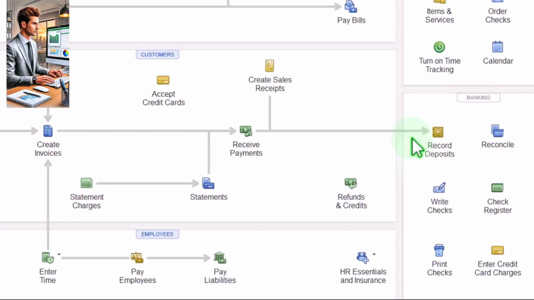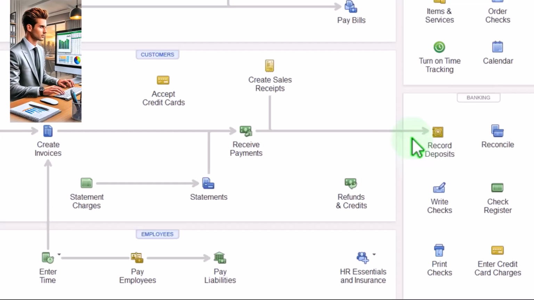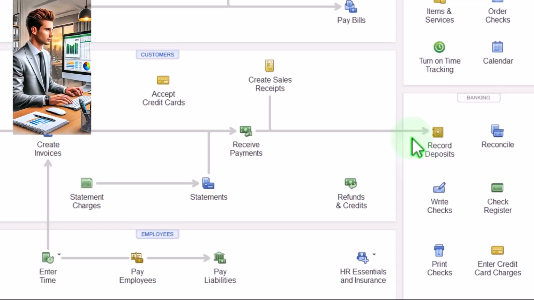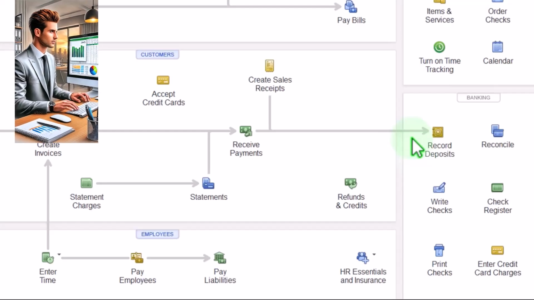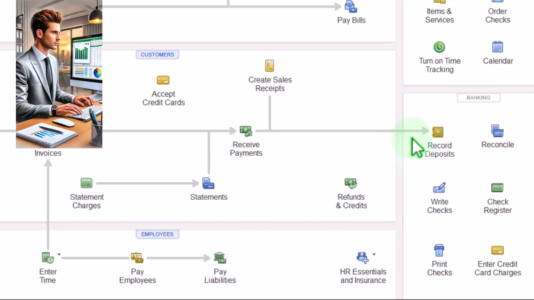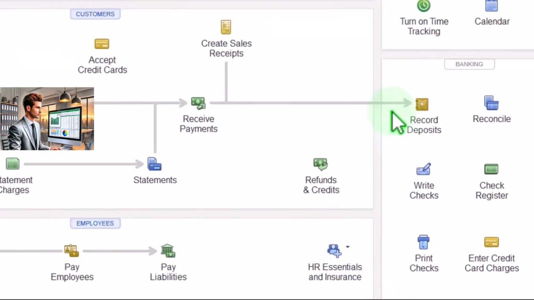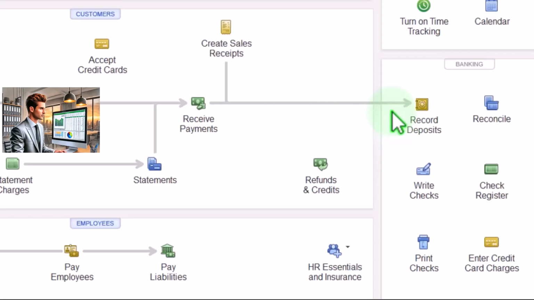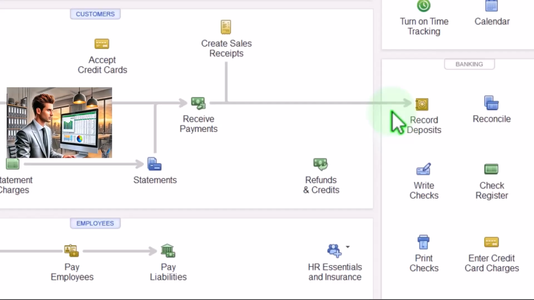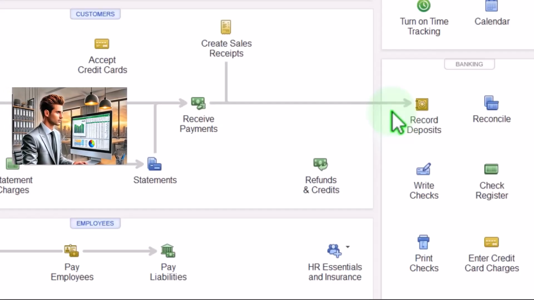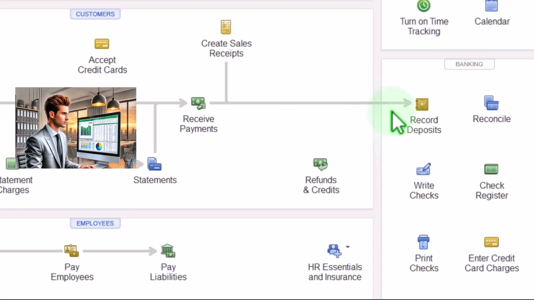So I should record the revenue at that point in time on an accrual basis because it's when I did the work, and on a cash-based system because it's when I received the cash. So it's going to be recording revenue at the same point, whether you call it an accrual or cash-based system, because the receiving of the cash and the earning of the revenue happened at the same point in time.